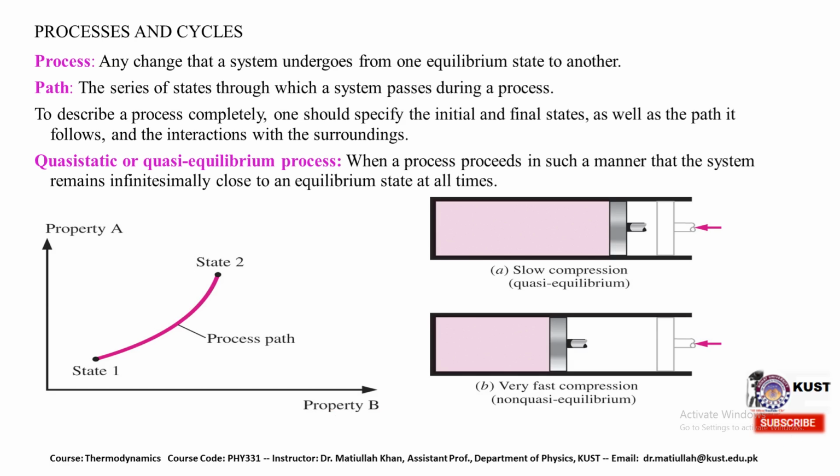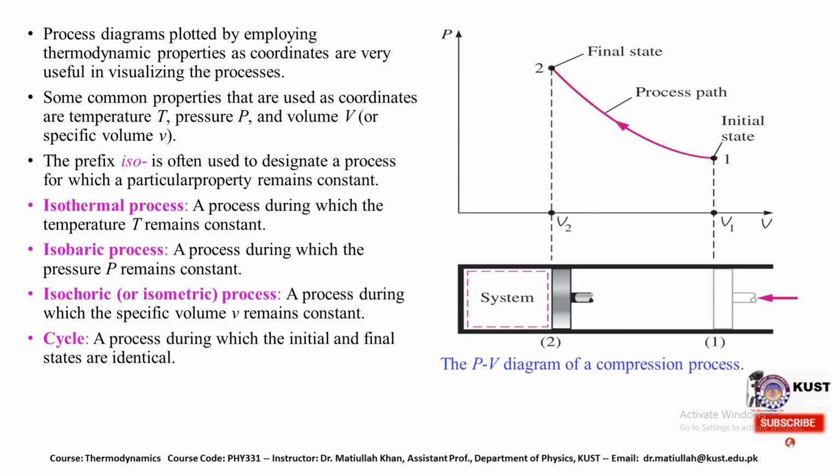So the system can undergo from one state into another state, and the process is a type of quasi-static or non-quasi-static respectively.